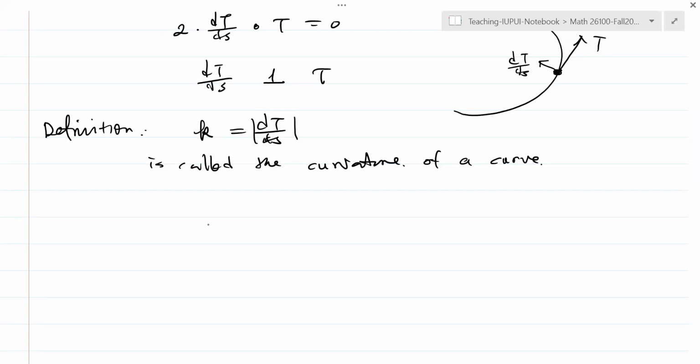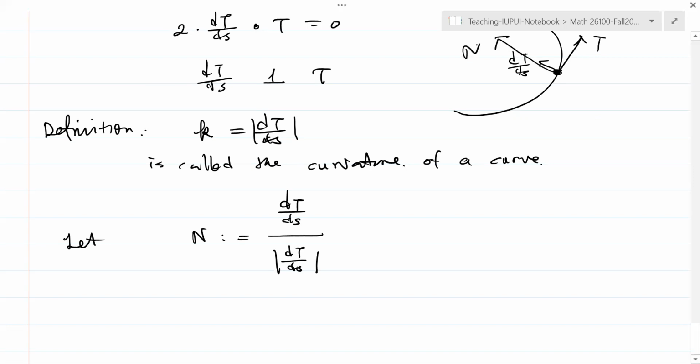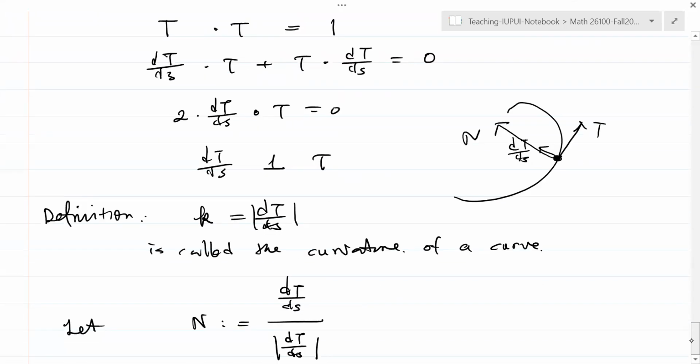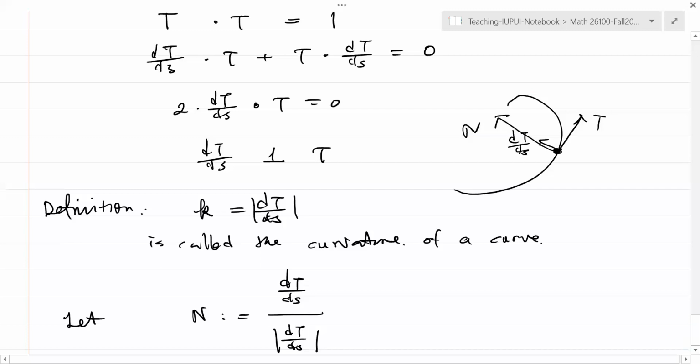I'm going to let N be dT/ds divided by its length. So you still have a unit length. That's N. So N and T have the same length; they're both equal to 1.